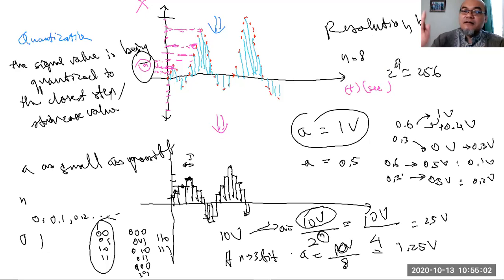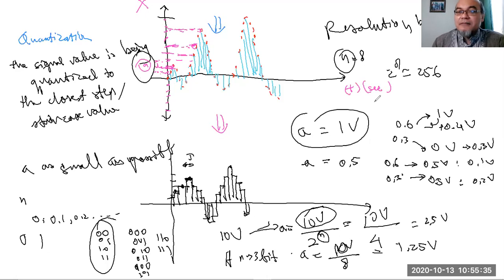Even now they have much higher resolution, with n equal to 12-bit, 14-bit, 16-bit, 20-bit resolution, and some even have 24-bit resolution. So depending on your application, if you want higher accuracy, so your digital data represents the analog data more closely, then you should choose a higher n.